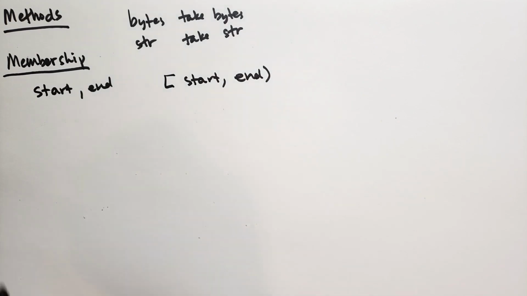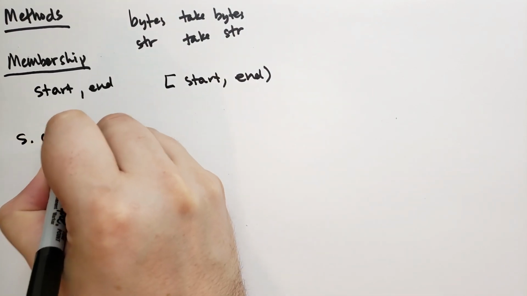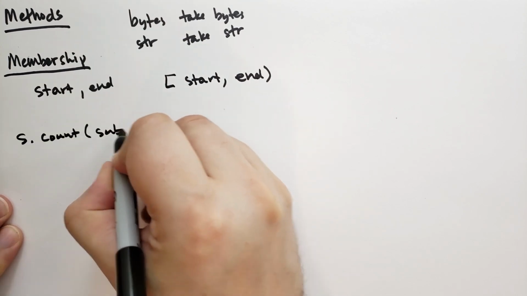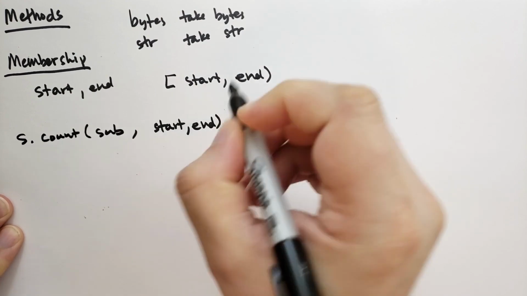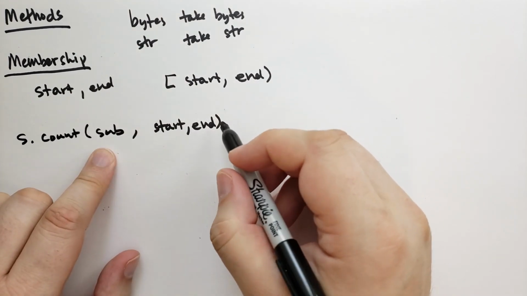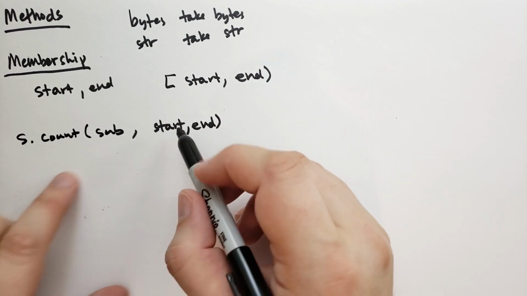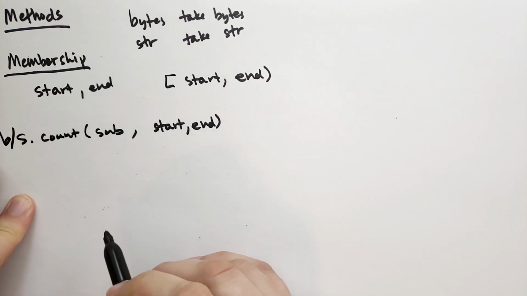Okay, so we have count, so we have s.count, and we will have some kind of substring in here, and this will have a start and end optional. And this will return how many times that substring occurs within that area, or the whole string if you don't specify it. This also works for bytes, of course. So I'll put b/s.